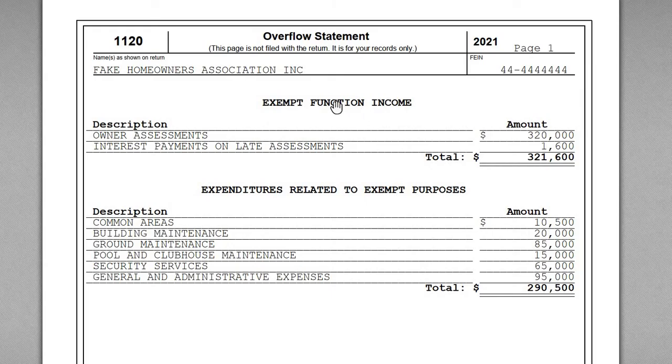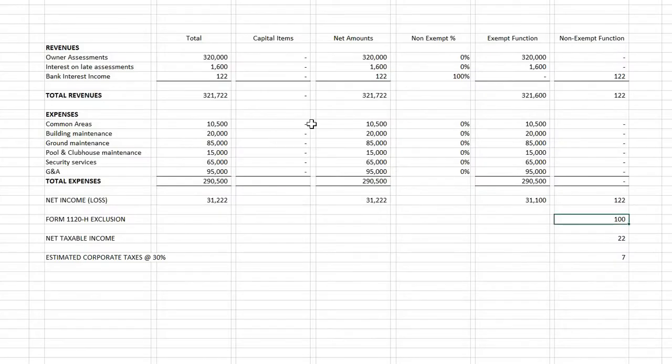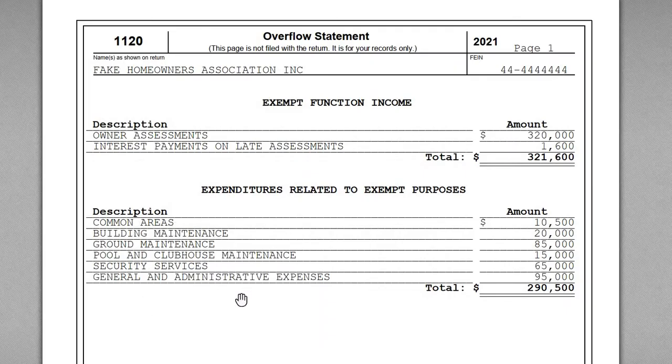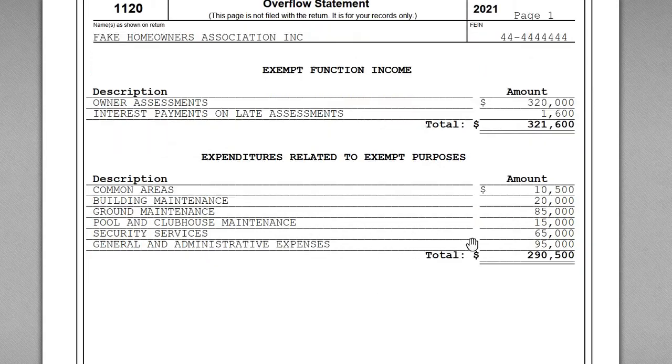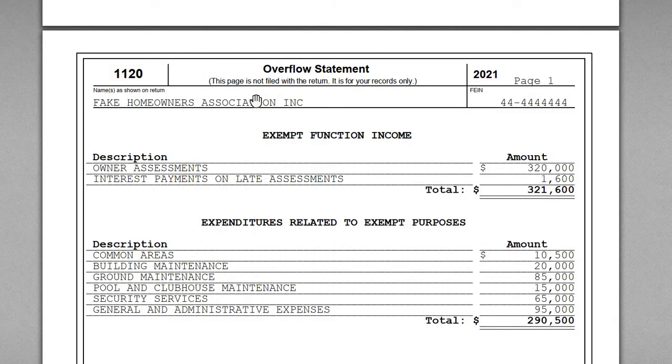But you can see here the exempt function income, expenditures related to exempt purposes, and so I have a breakout of each line item as it matches with the financial statements here. So owner's assessments, interest, all the expenses, and so you can do something like this as well and then attach it to the 1120. Again, as it notes here, this is not going to be filed with the return. It's for our records only.